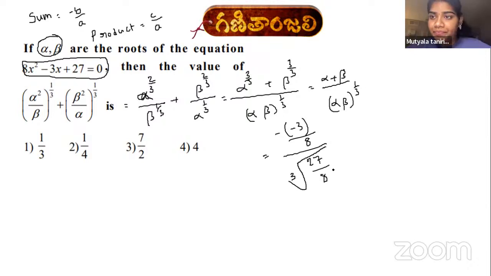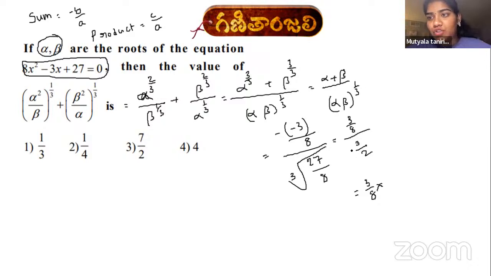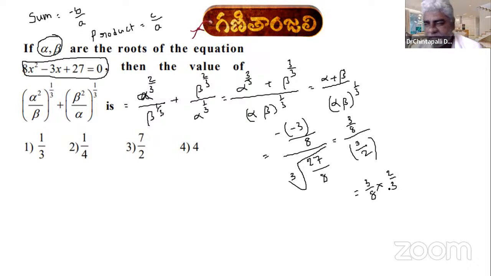So it will be 3 over 8... No, cube root of 27, not square root of 27. Sorry, 3 first. Yeah, it is 3 by 3 over 2. Now it can be simplified as 3 by 3 times 2 over 3.